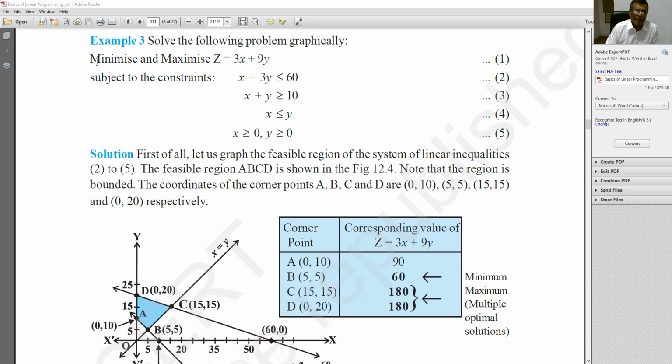The uniqueness of this question is that you have to minimize as well as maximize this objective function, Z is equal to 3x plus 9y.